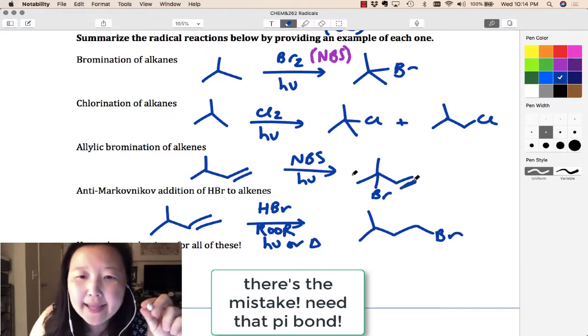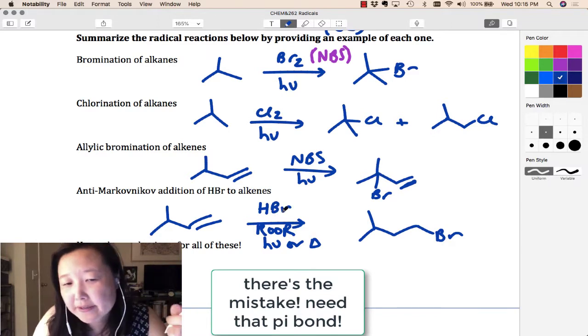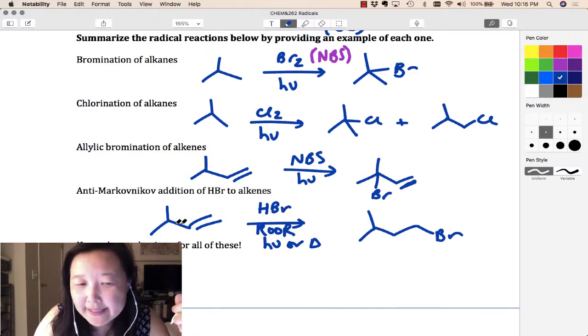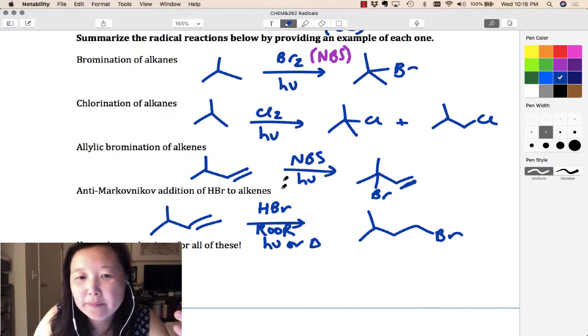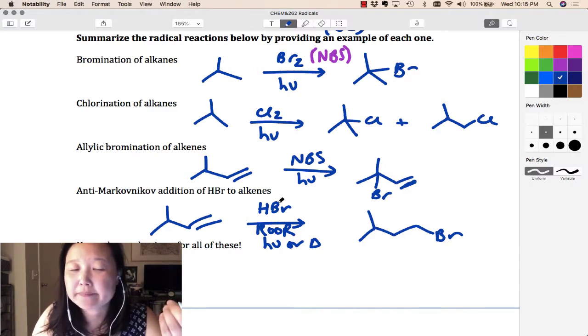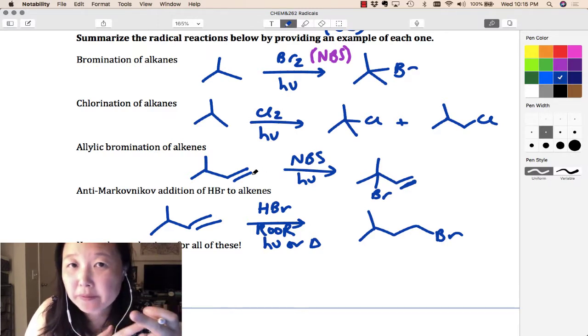Sorry about that. But then in this case we have bromine radical, and how come instead of making the allylic it makes a reaction with the pi bond? So how come it goes one way and a different way here when they both go through a bromine radical? Okay, so the answer to that is that it depends on the concentration of bromine radical.